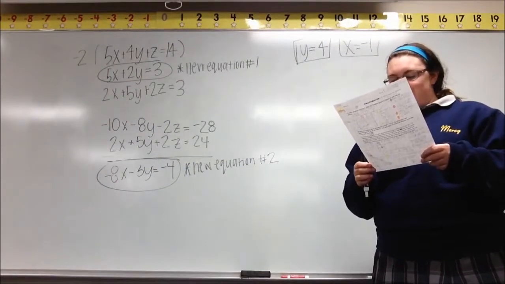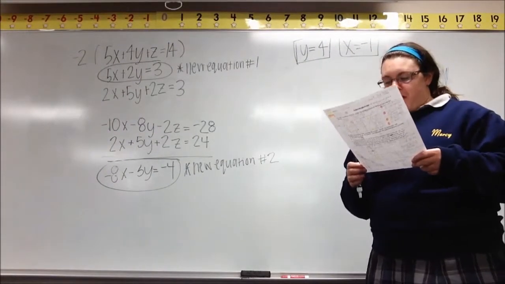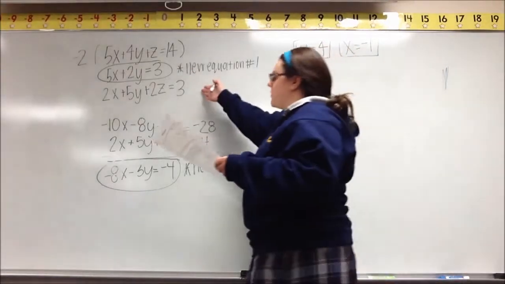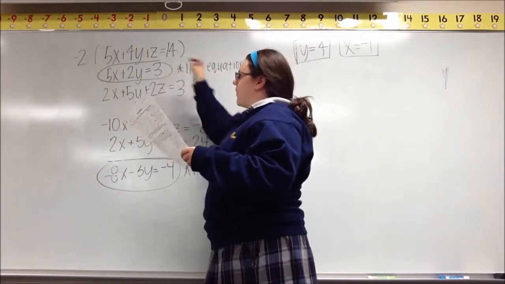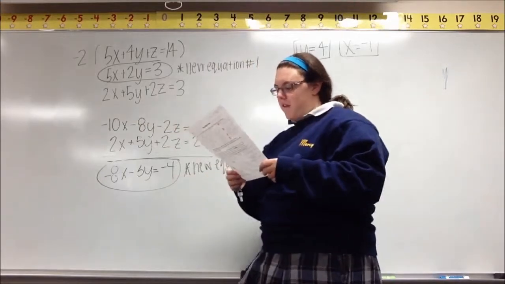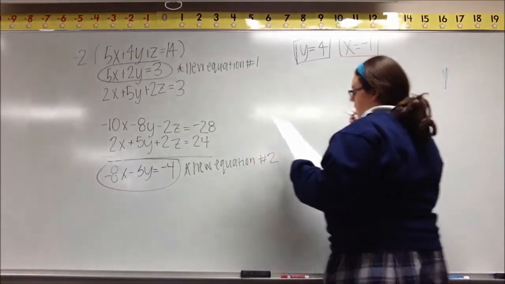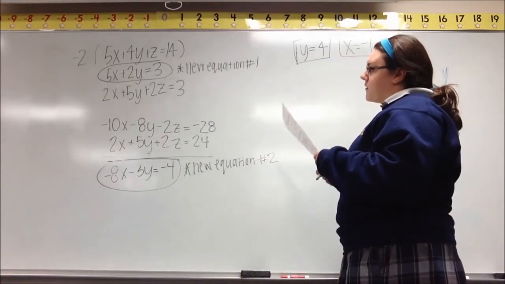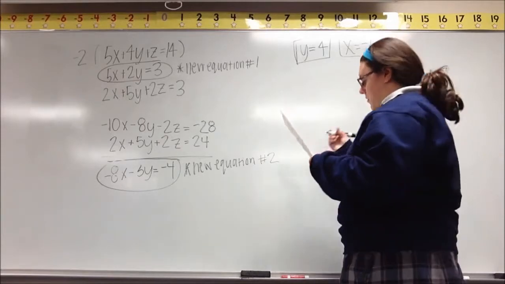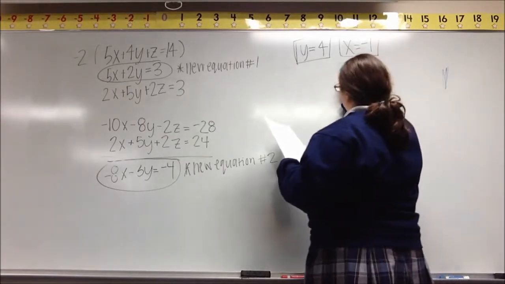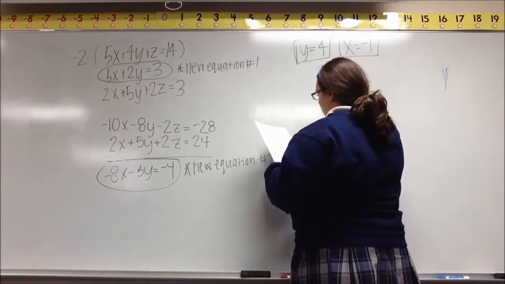So what you want to do after that is plug in the two variables that you've already found into one of your original equations. This one doesn't really work because not all 3 variables are in there. So the one we chose was the first one, the 5x plus 4y plus z equals 14. So you want to plug x and y in.